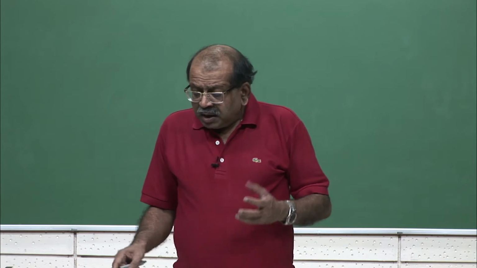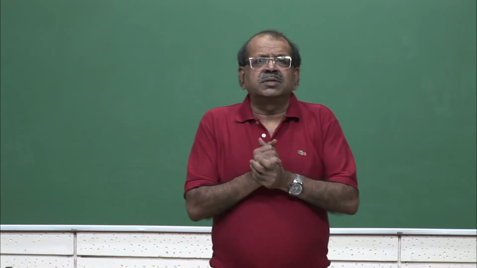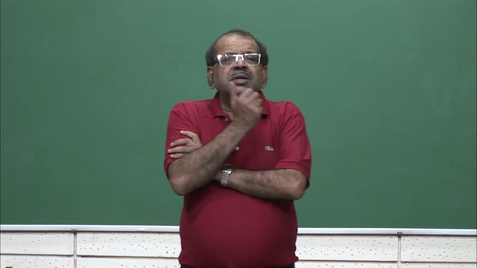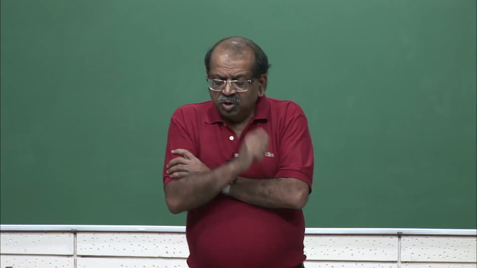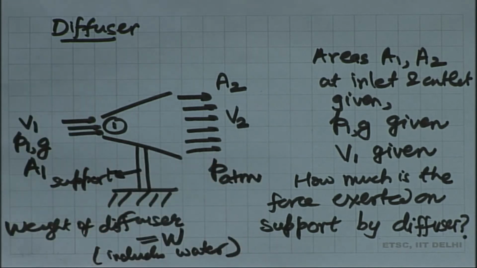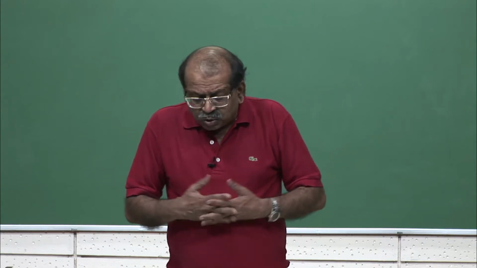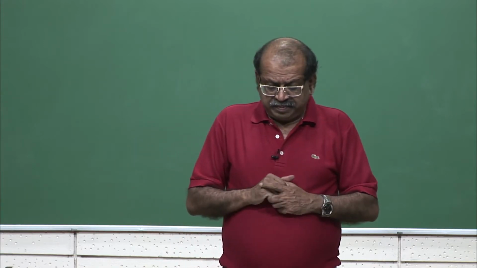Okay. Now, in a problem like this, the question is, how do we choose the control volume? Do we choose a control volume consisting only of the fluid, or do we choose something else?